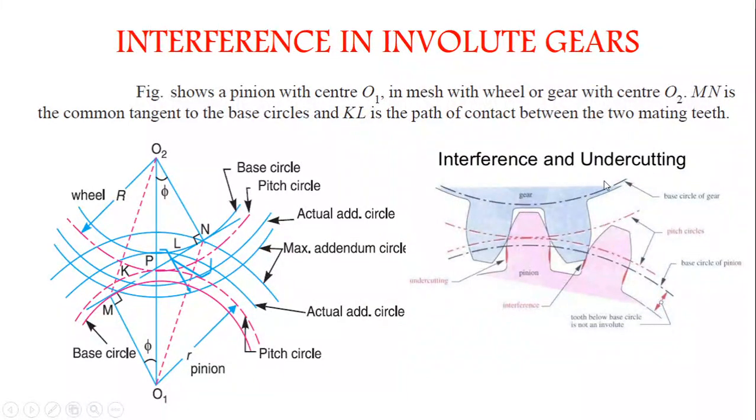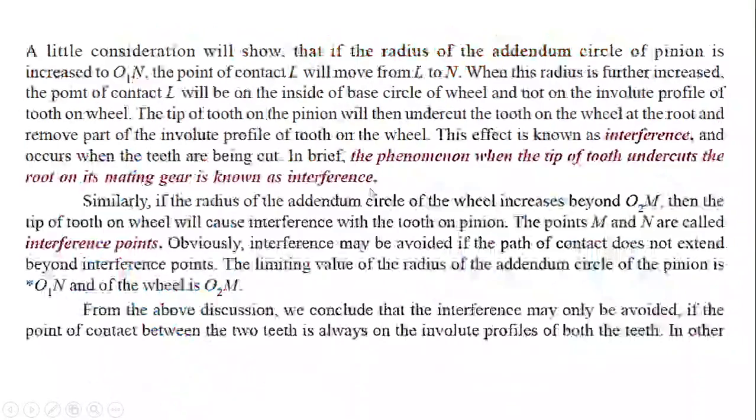Because of undercutting and interference of the gears, the velocity ratio will be reduced. We cannot achieve the maximum velocity ratio. In order to avoid interference and undercutting, we have to follow some techniques that we will see. The tip of the tooth on the pinion will then undercut the tooth on the wheel.